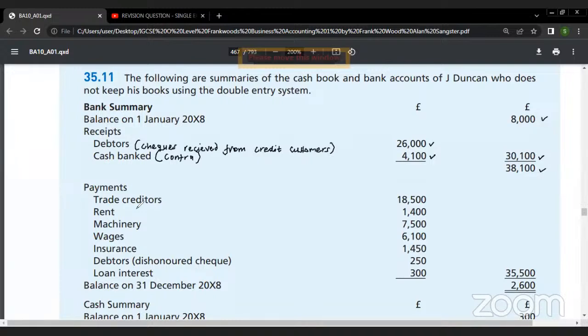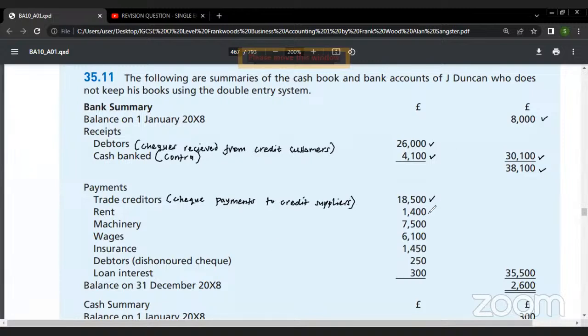Then on the payment side of the bank account, we have trade creditors, meaning that these are check payments to credit suppliers. You're paying some of your suppliers, and you're using a check because this is in the bank account. So you paid 18,500.